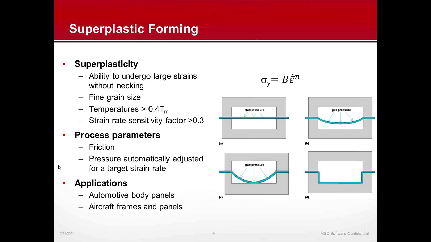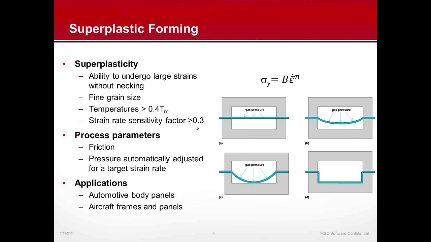And superplasticity is found to coincide with fine grain size, deformation temperatures that are greater than 0.4 times the melting point, and also the strain rate sensitivity factor that is greater than 0.3. And as shown in the equation here on the right, you see that the yield stress is a function of the strain rate. So we need to get the material parameters of the coefficient and the exponent that define the particular material.